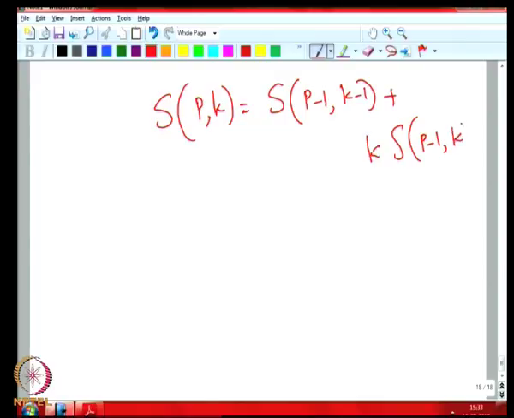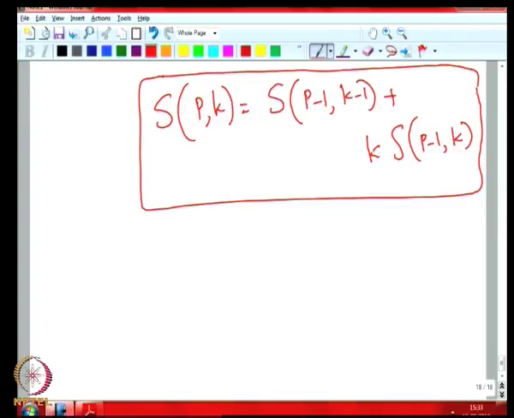So, if you have difficulty remembering this, one thing you can observe is that if this k was not there, it is just like the recurrence relation for binomial coefficients.